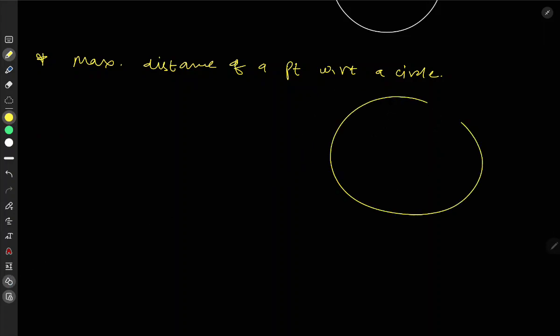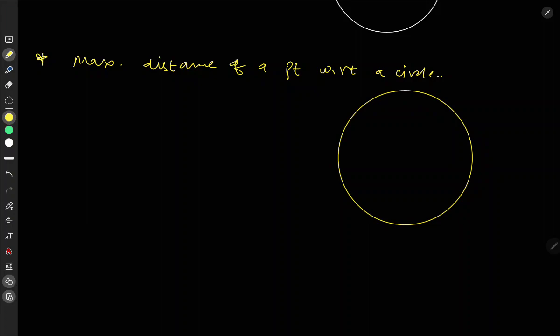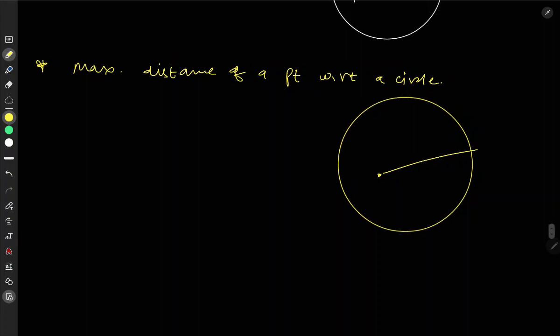So let us draw this circle, and we are assuming that the point is outside the circle, because if the point is inside the circle somewhere, then its maximum distance would be this, which won't be asked sometimes. So we are assuming the point to be somewhere over here.